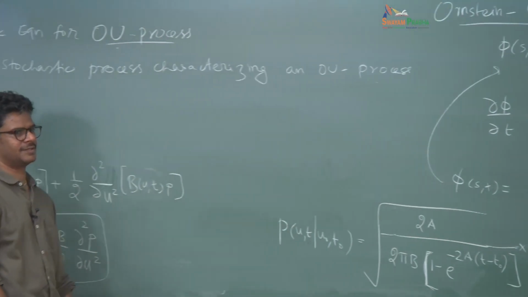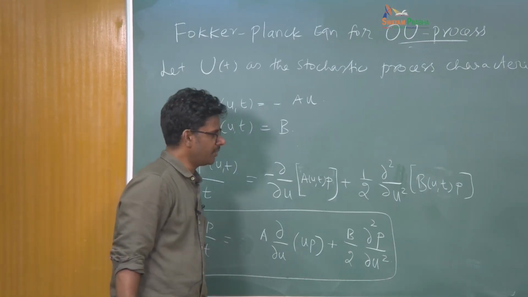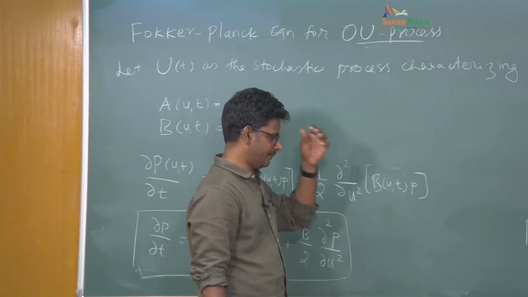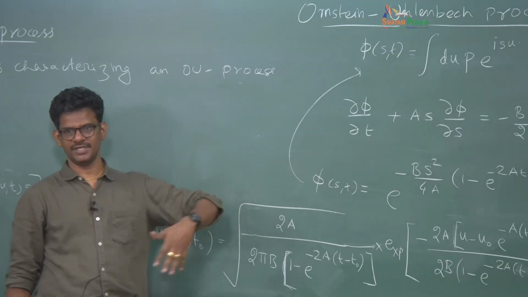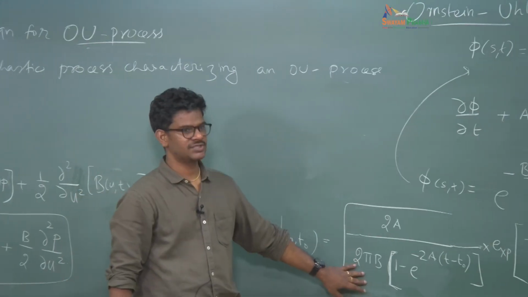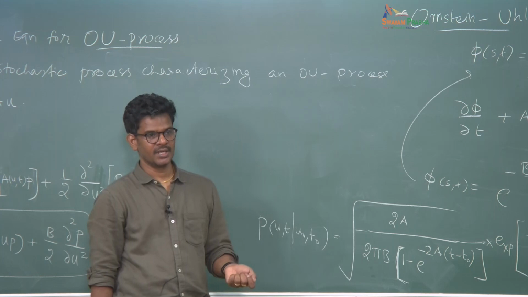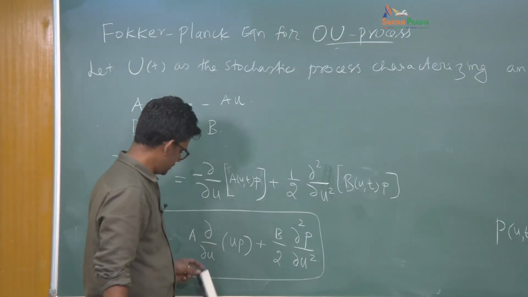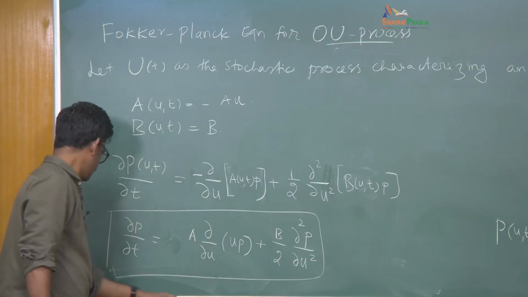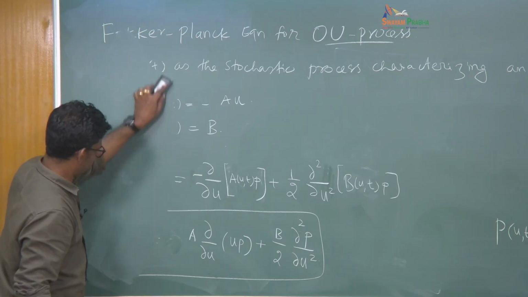What happens is that if you look at this solution at a long time, t tending to infinity, this becomes a stationary distribution, and that is what is more interesting to us. So we look at the solution in the limit t tending to infinity, so that we can look at the steady state distribution.